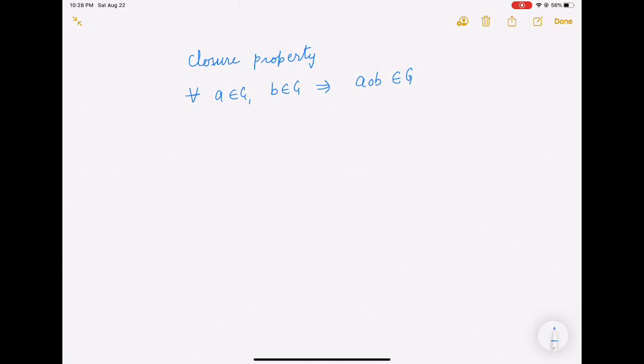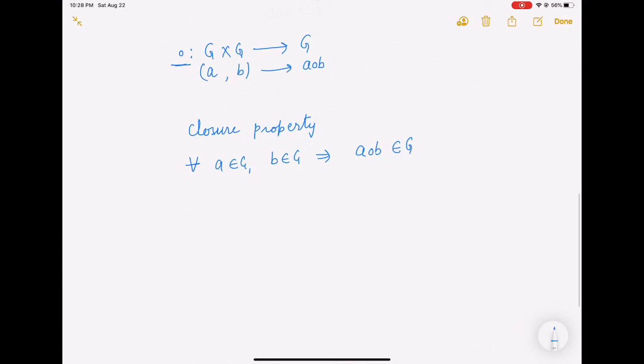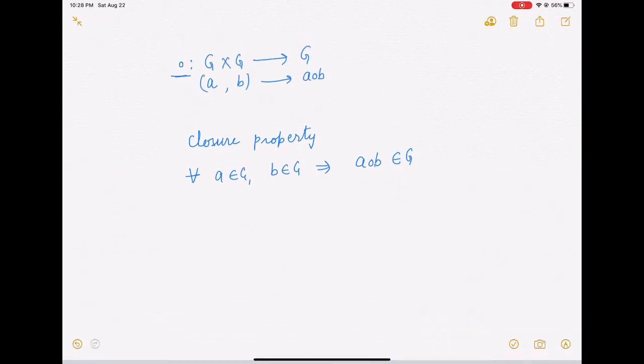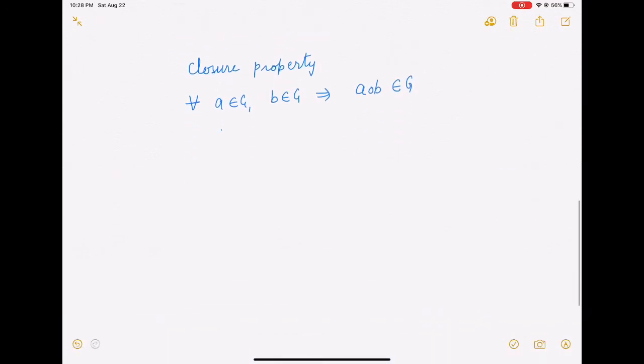For every element, if A belongs to G and B belongs to G implies A operation B belongs to G, then we say this is the closure property, or we say G is closed with respect to the operation dot.